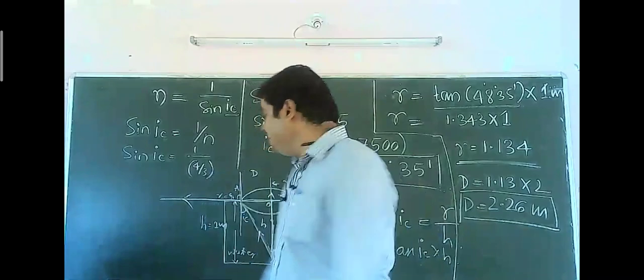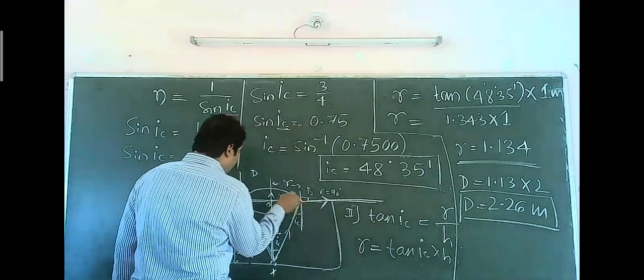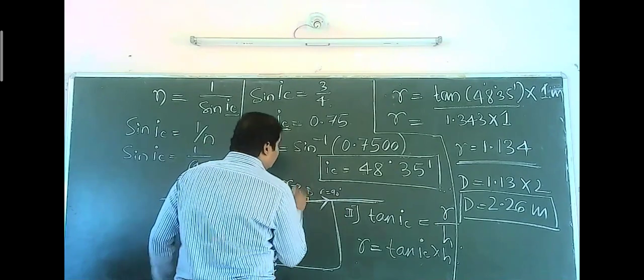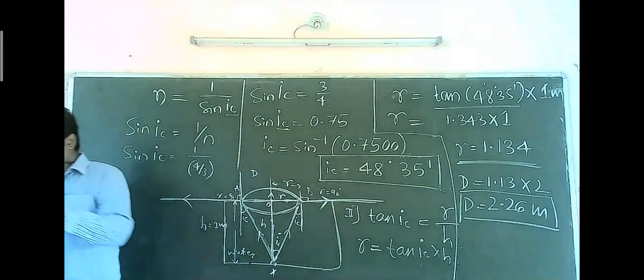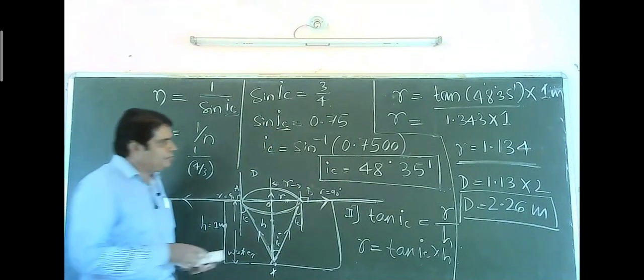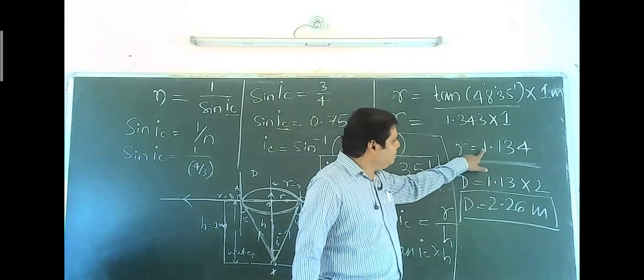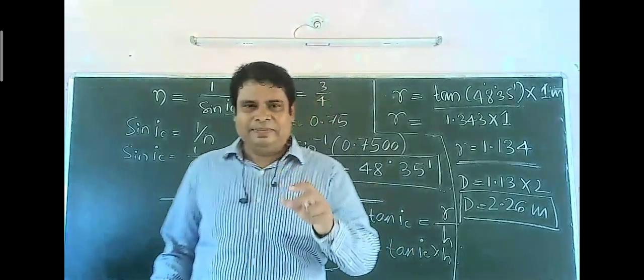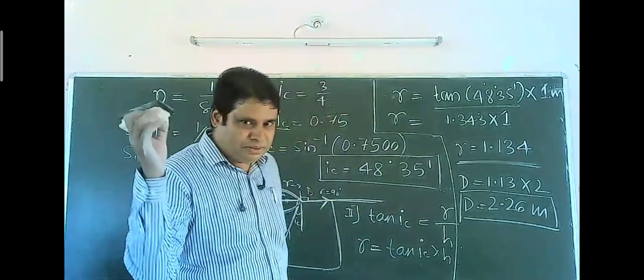Area of the circular patch. See, this is 1.134. The one is not printed very neatly, but it is 1.134.